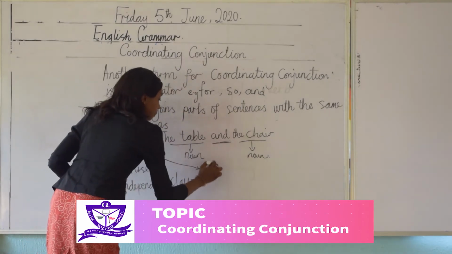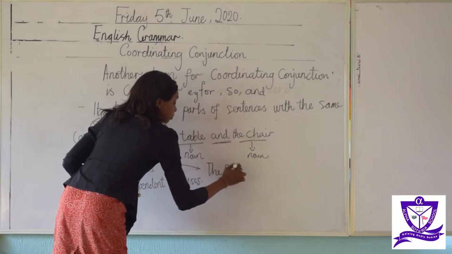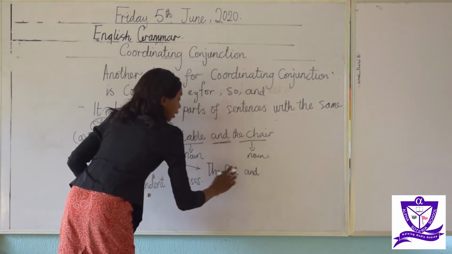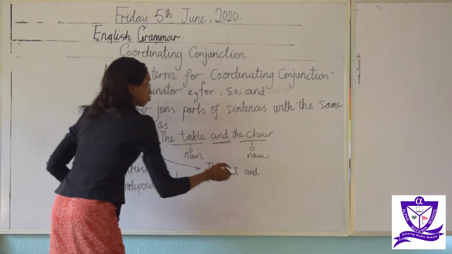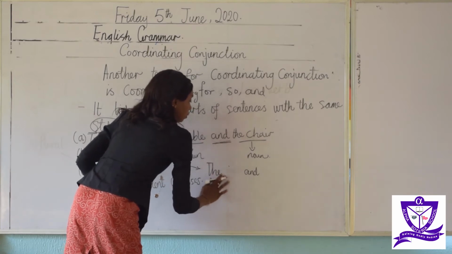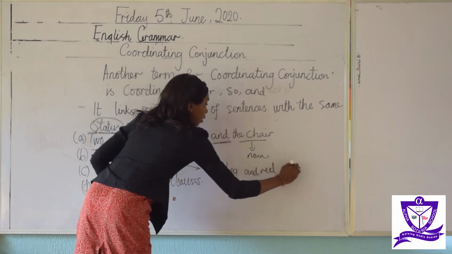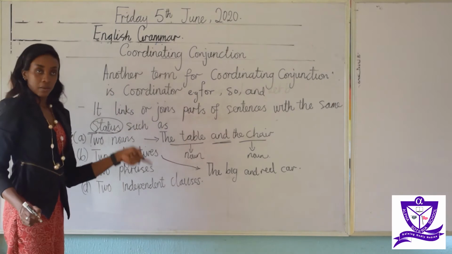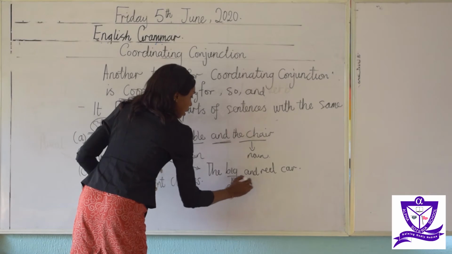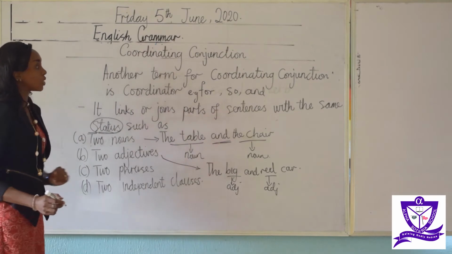We have the fat and the big and red car. Now that is an example of adjectives. The big there is an adjective and the red there is an adjective. So this is what we call a coordinating conjunction.